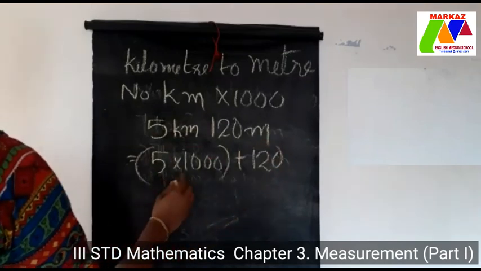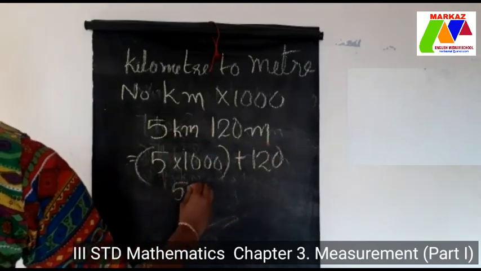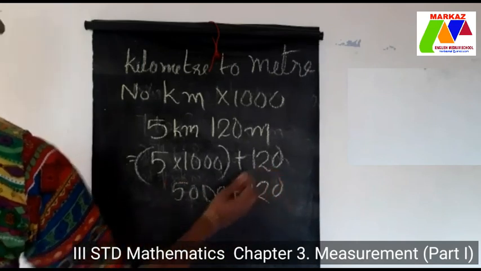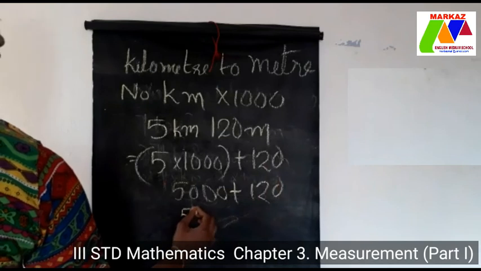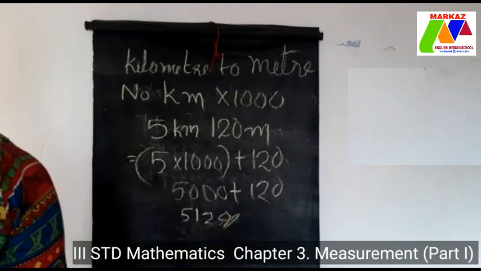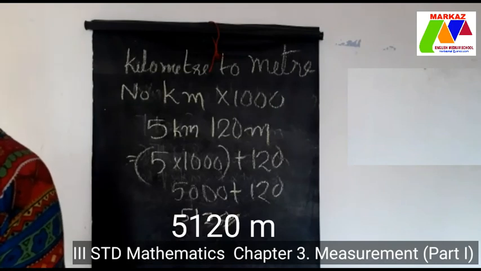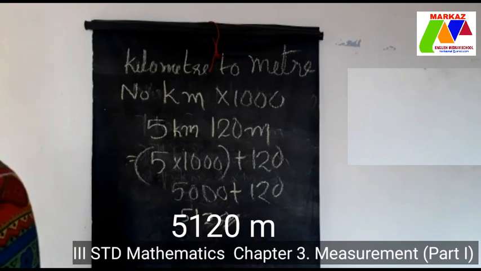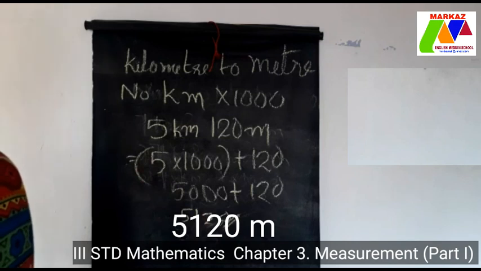Okay, so 5 into 1000, 5000 plus 120 is equal to 5120. Okay, so the next B and C you have to do by yourself. It is a homework for you. So this is all about the conversion of kilometers into meters, students. Please copy this on your notebook.